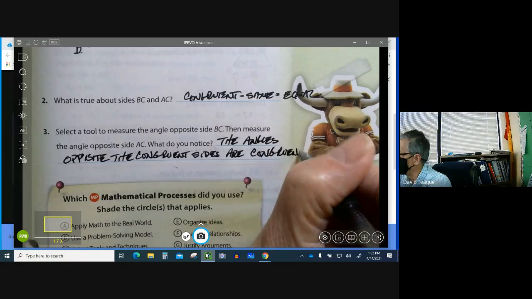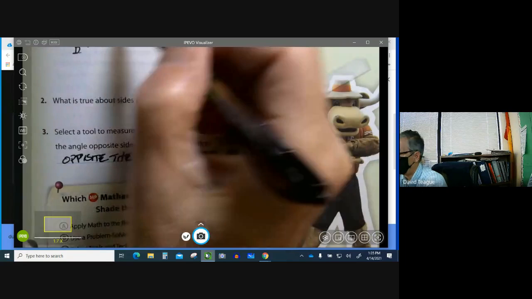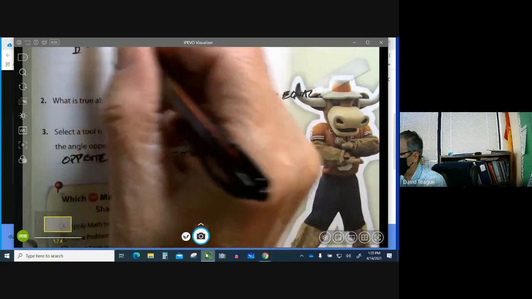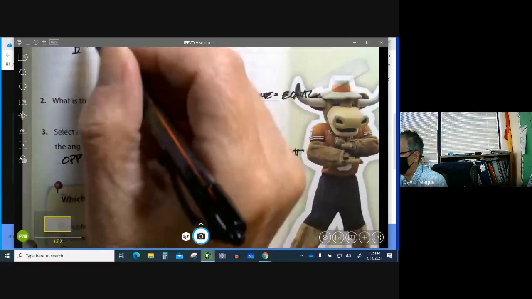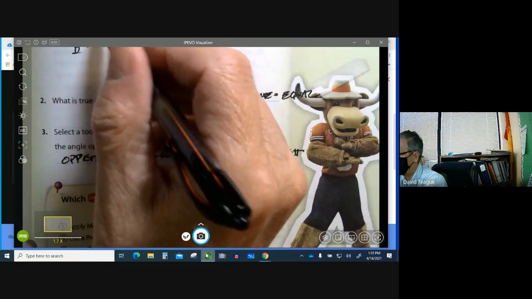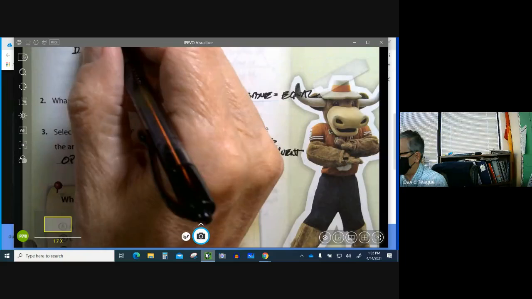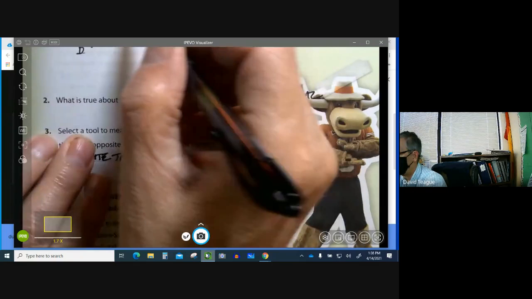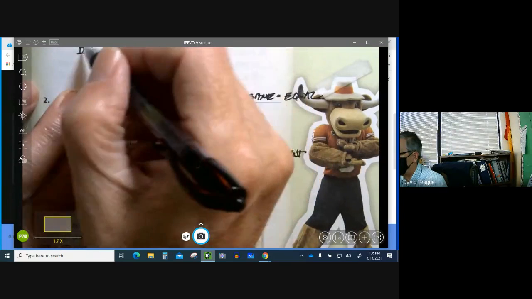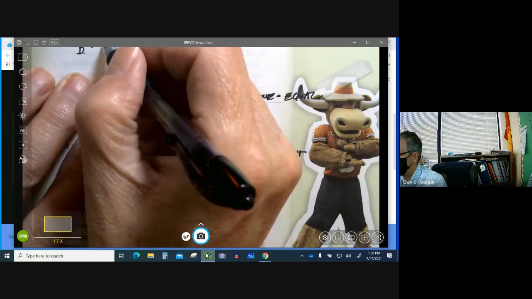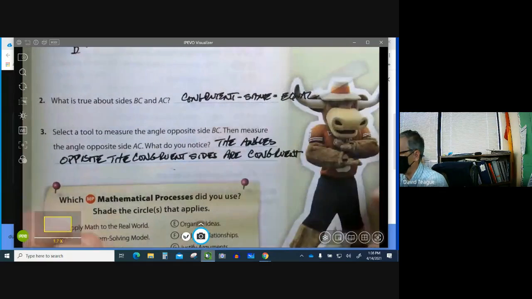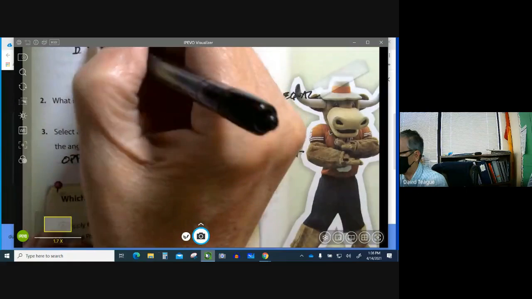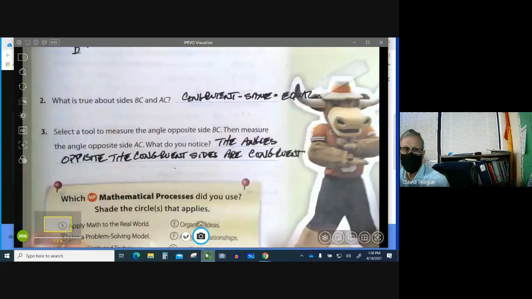So what they're saying is this side AC and side BC are congruent. They're the exact same side. So the angle opposite this congruent side is equal to this angle. So you have a congruent side. The opposing angle is going to be the same as this angle. Okay. So you can have congruent angles. You can have congruent sides.